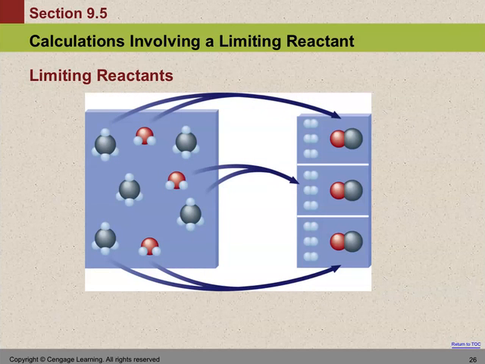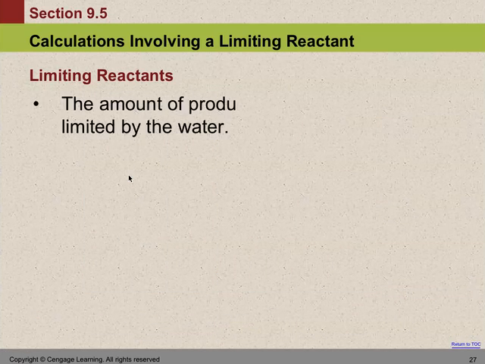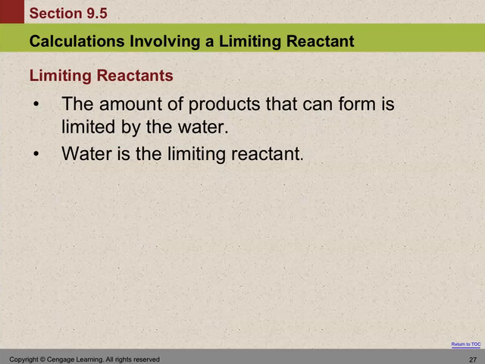So the amount of methane that we begin with will determine the amount of products that we can form in this particular chemical reaction. The water molecules are used up first, leaving 2 methane molecules unreacted. So the amount of products that can form is limited by the water. Water is the limiting reactant, and methane is in excess.